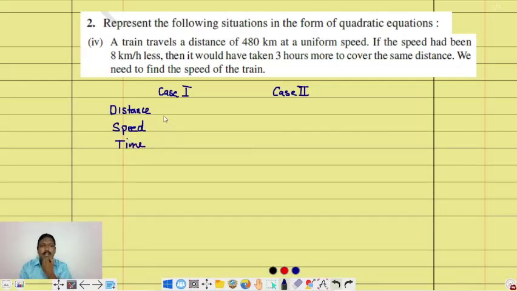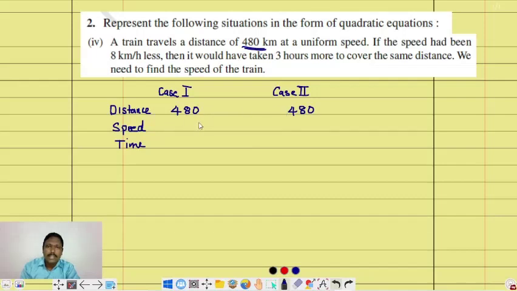So what is the distance? A train travels 480 kilometer, so distance we can take 480 kilometer. In case 2 also we have the distance 480 kilometer.